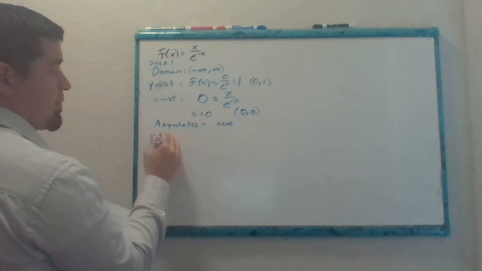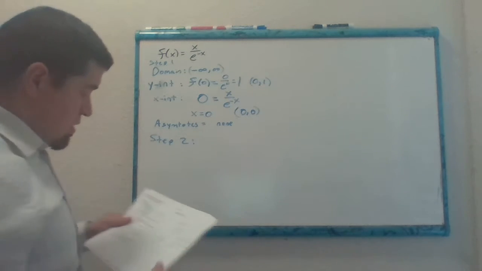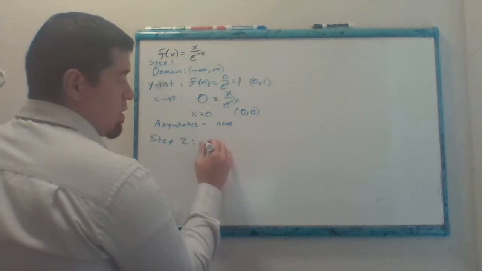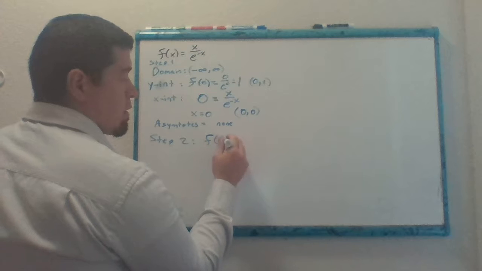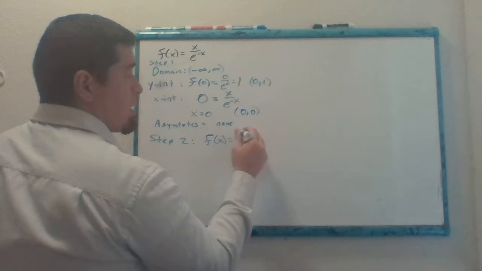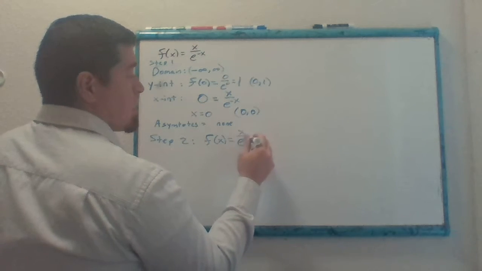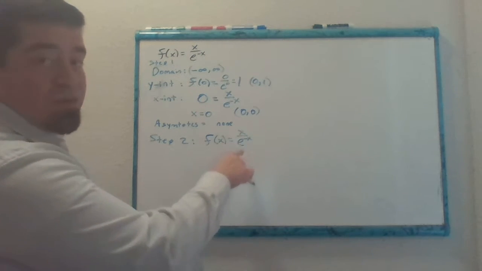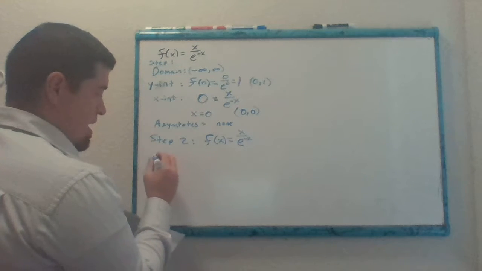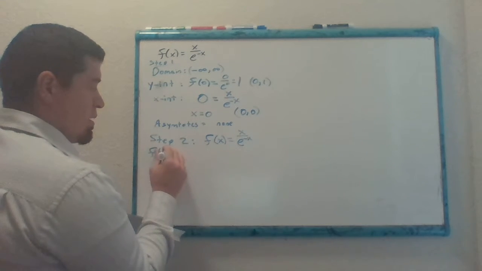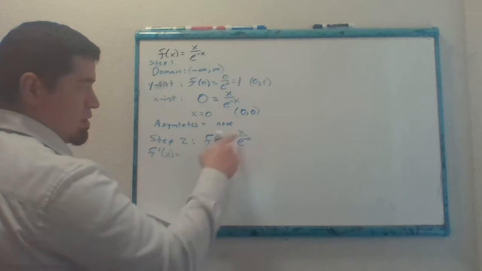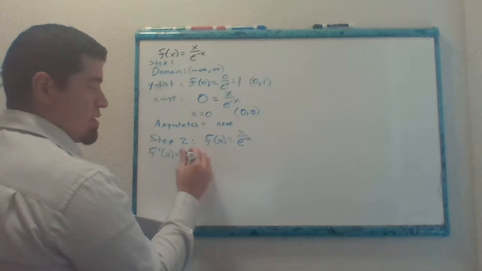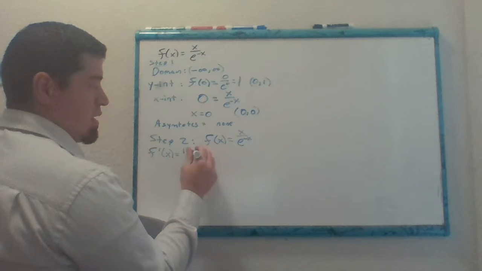And step 2, you would want to find the first derivative. So I'm going to rewrite my x over e to the negative x. And the first derivative is going to be found using the quotient rule. So if you remember that little saying I told you, the derivative of the first, which is the top, so the derivative of the top is 1, times the second unchanged, e to the negative x.